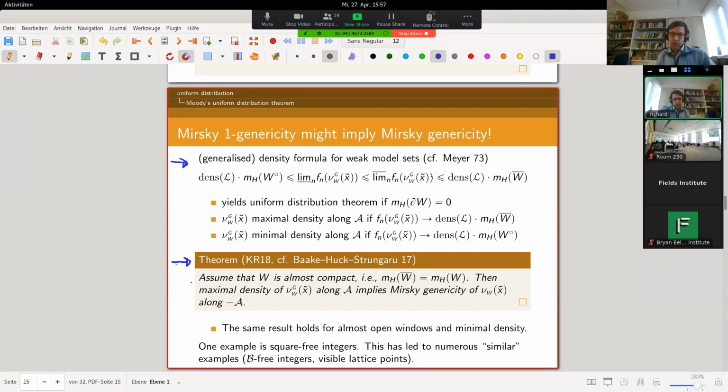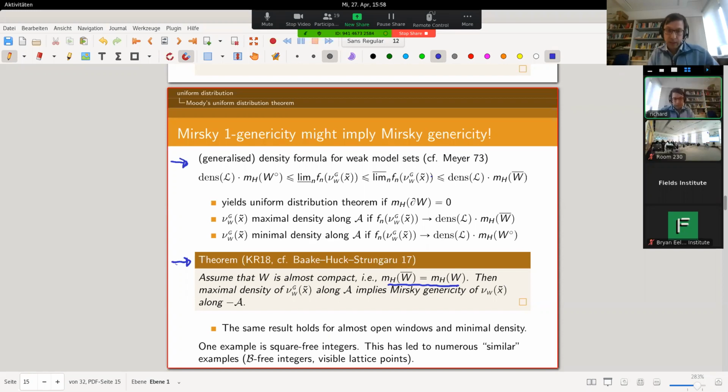And the statement then is that if W is almost compact, which is less restrictive than being regular, of course, then the maximal density of a configuration along A actually implies Mirsky genericity on G times H. And the same holds for almost open windows and minimal density, same argument.